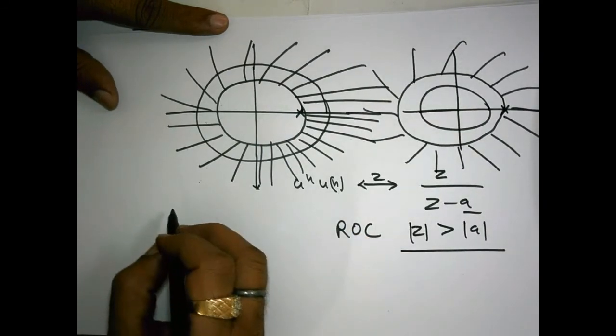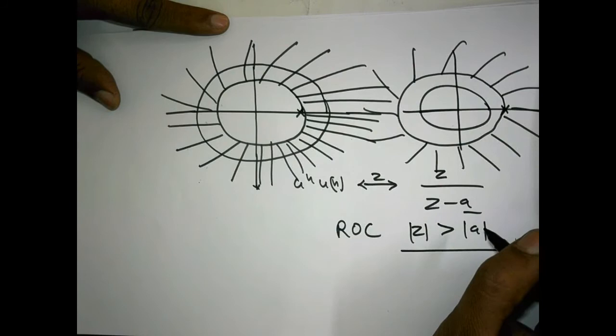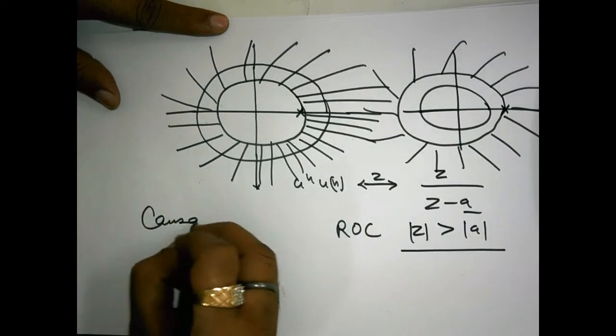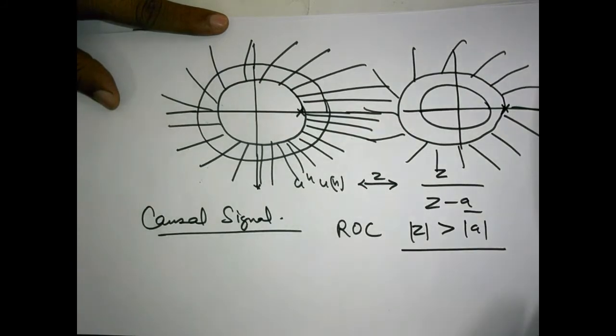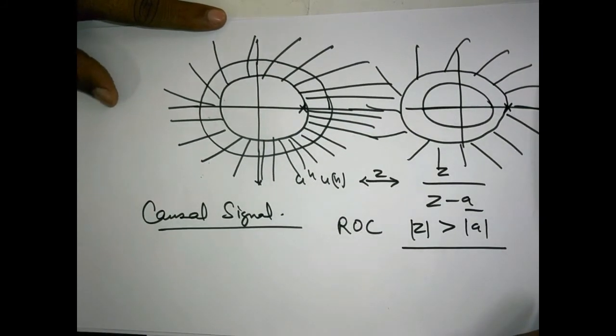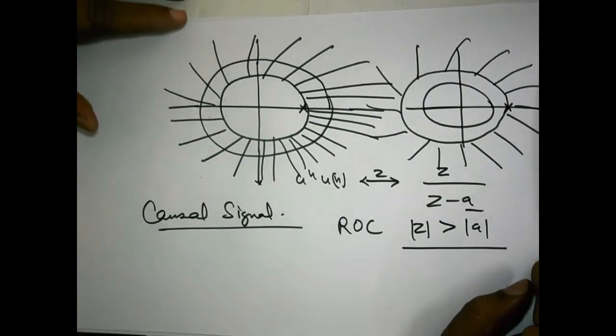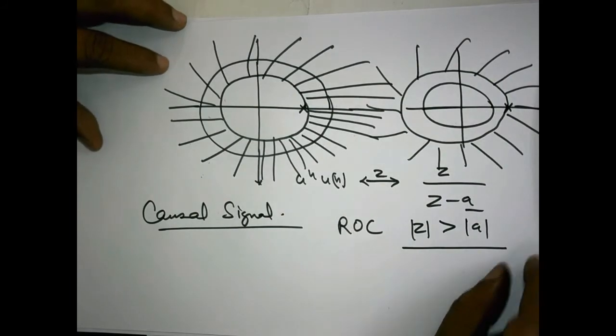Now suppose this was the situation with a causal signal or causal system. Suppose we have an anti-causal signal or anti-causal system, then what will happen? What about the location of the pole and region of convergence?